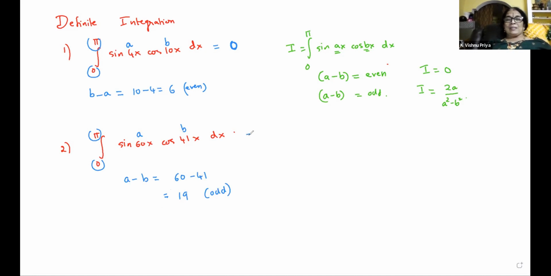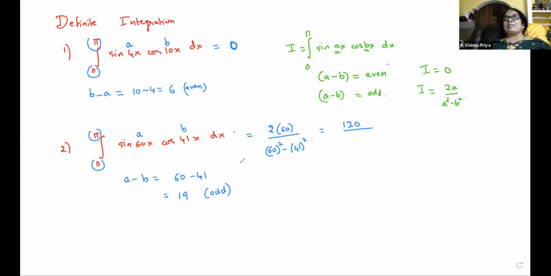So what will be the answer of the integral? 2 into A, that is 2 into 60, by A square minus B square. What is A square? 60 square. What is B square? 41 square. This is what I have. So in the numerator, 120.